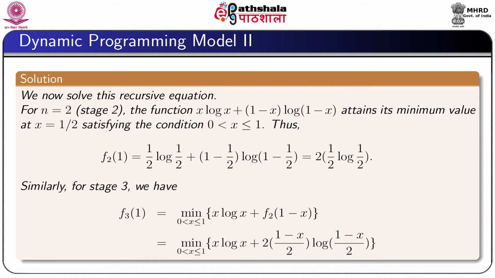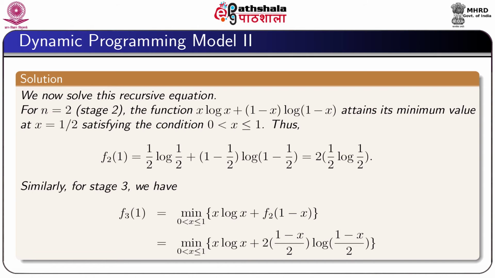Now, we have to solve the recursive equation. We will start with n equal to 2. The function x log x plus (1 minus x) log (1 minus x) attains its minimum value at x equal to half, and which also satisfies the condition 0 less than x less than or equal to 1. Thus, we find f2(1) equal to half log half plus (1 minus half) log (1 minus half), which is equal to 2 into half log half.